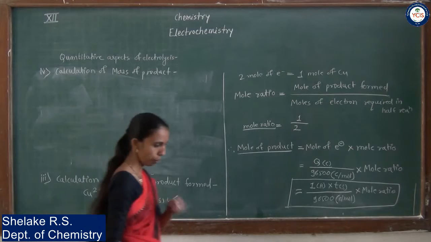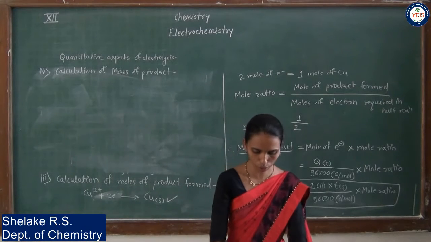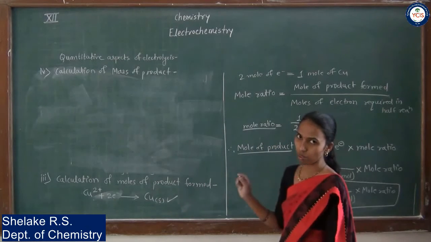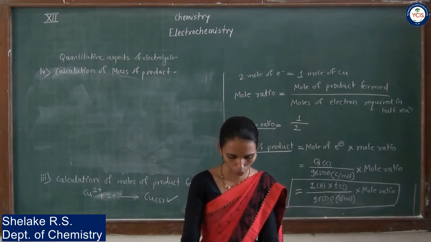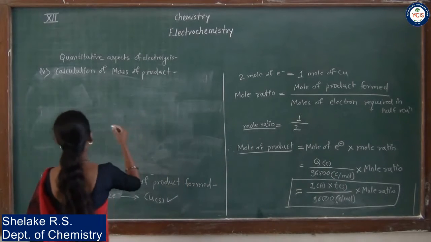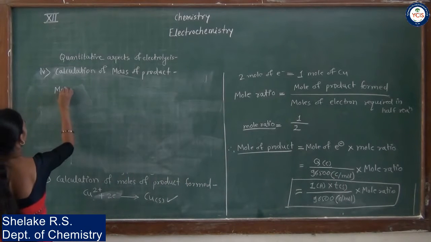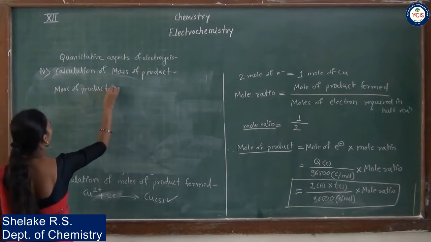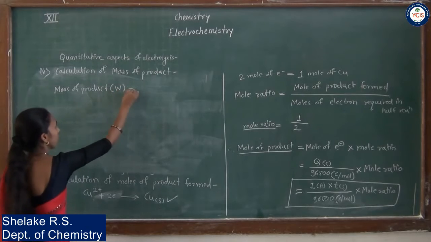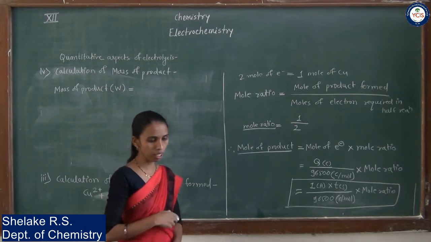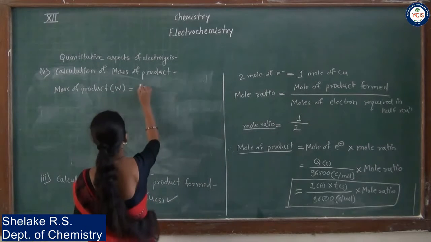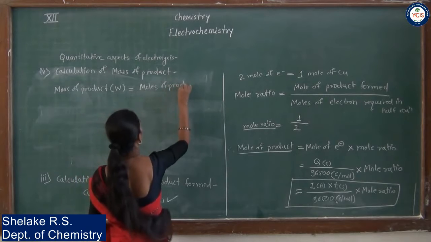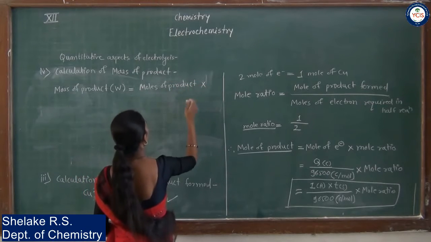Now, while calculating the mass of a product, we have found the mole of product. From that only we have to find the mass of a product. Now, the mass of product, which is denoted with the letter W, is nothing but moles of product into its molar mass.